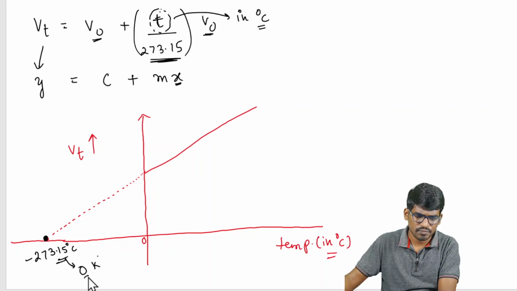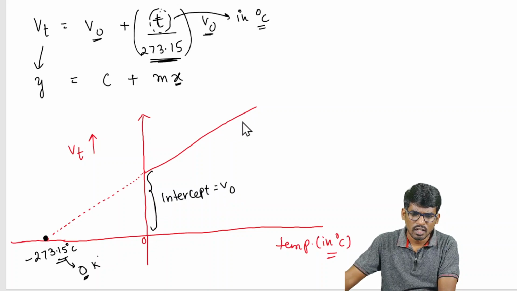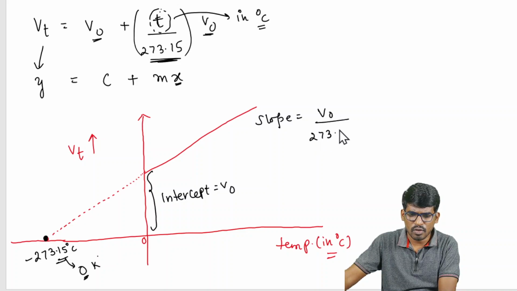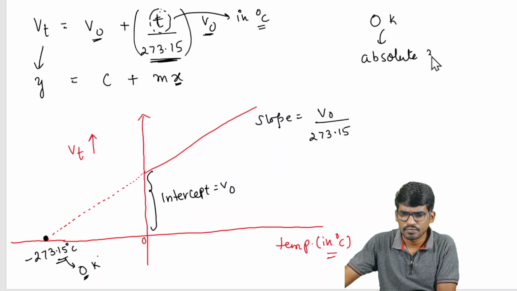As I already mentioned, the intercept will be V0, and the slope will be V0 upon 273.15. That 0 Kelvin is absolute zero of temperature.